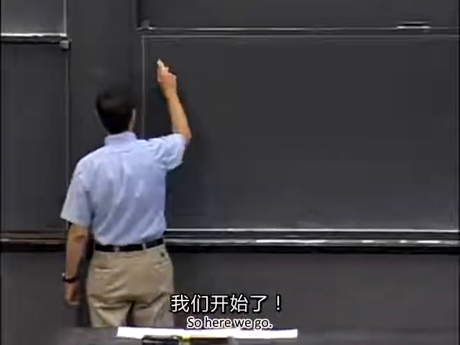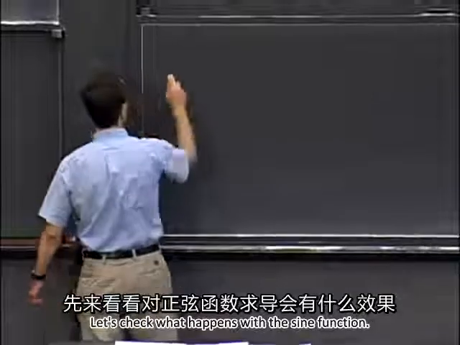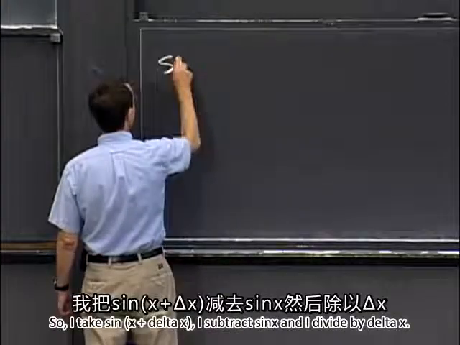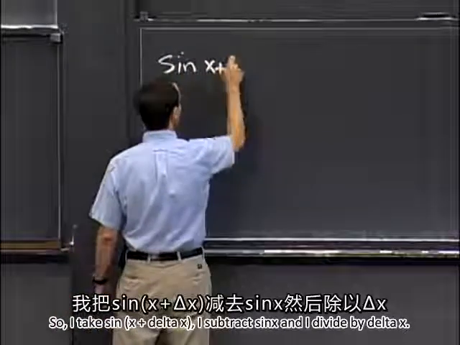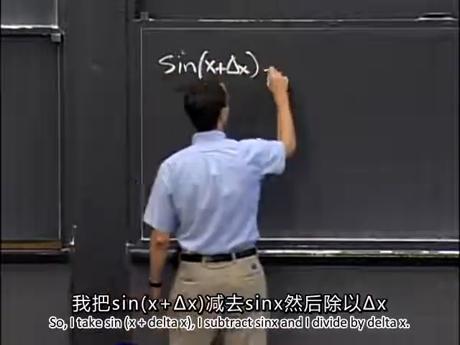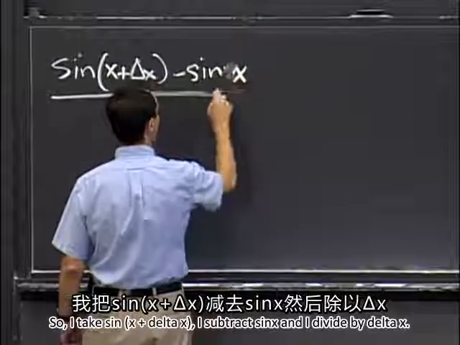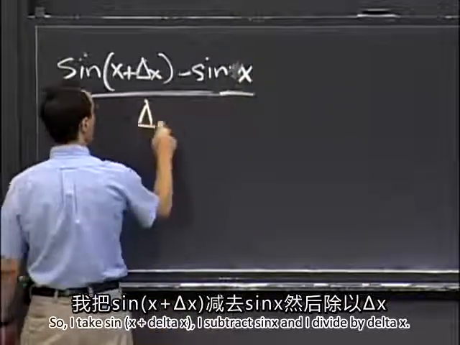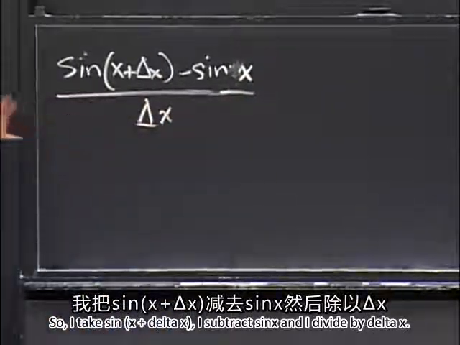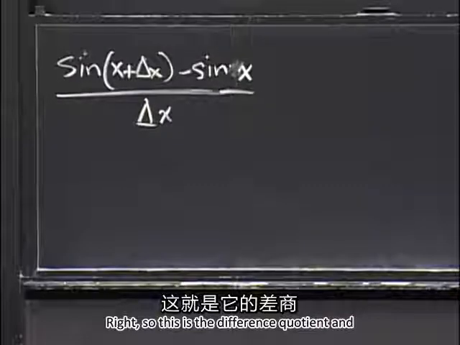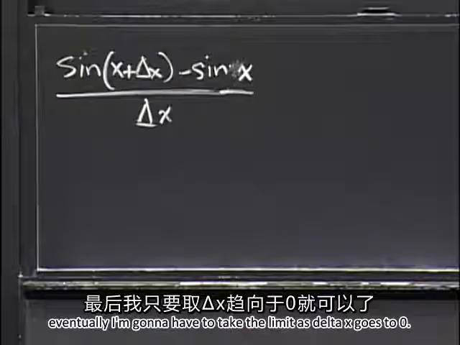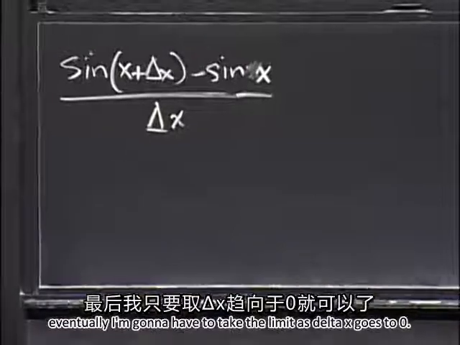So here we go. Let's check what happens with the sine function. So I take sine of x plus delta x. I subtract sine x, and I divide by delta x. All right, so this is the difference quotient. And eventually, I'm going to have to take the limit as delta x goes to 0.